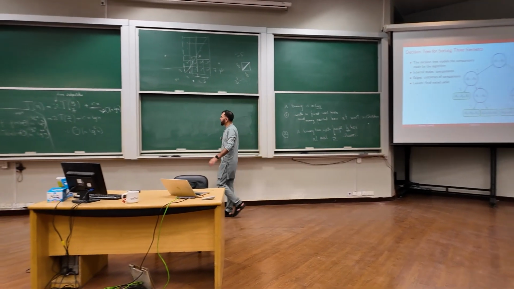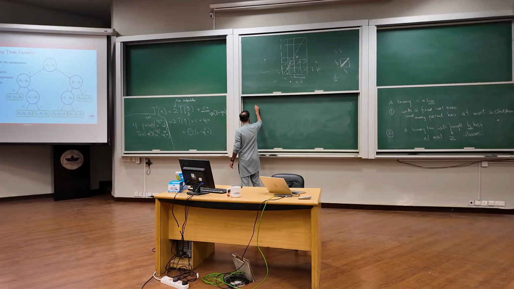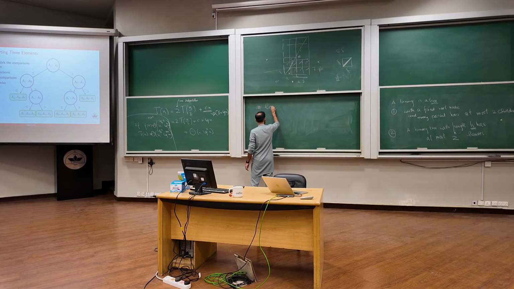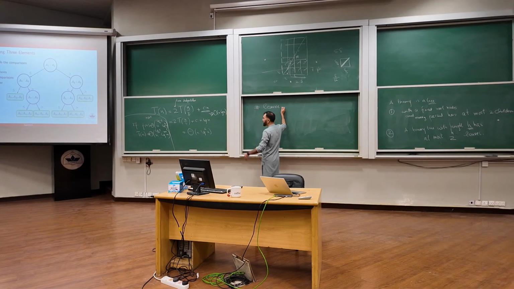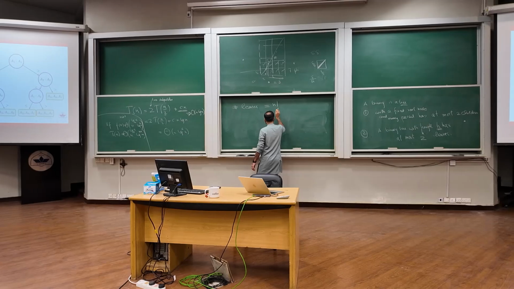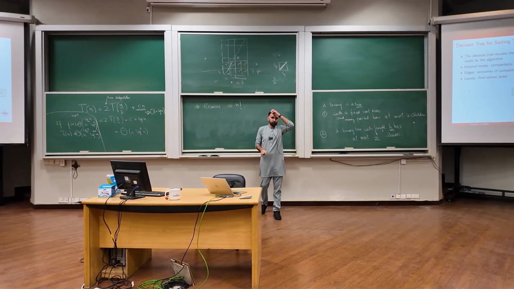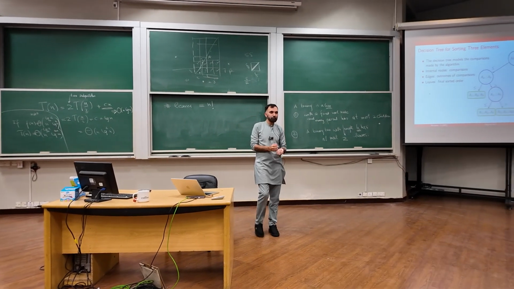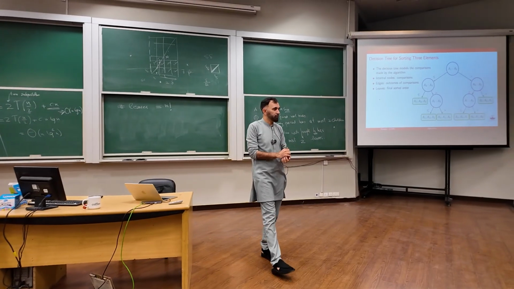You just told me that the number of leaves in this ugly tree is equal to n factorial. All right? What should I do next?